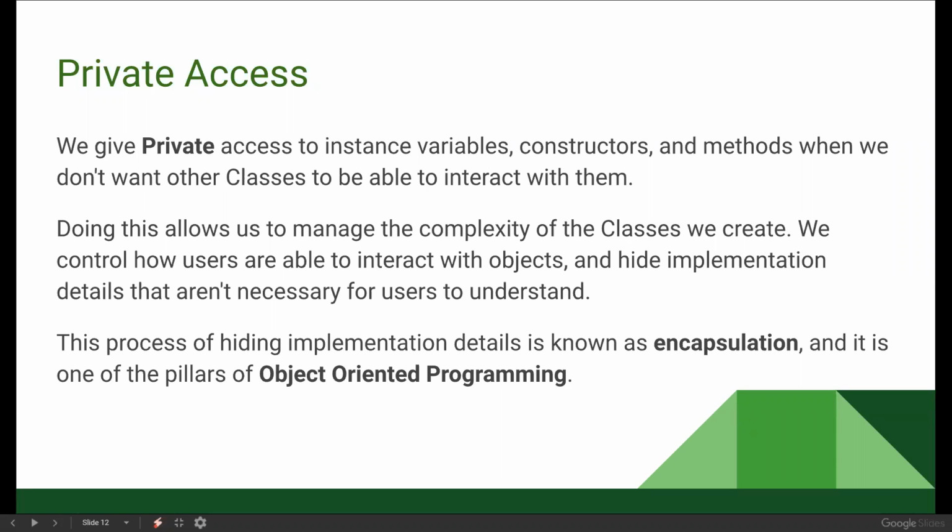They don't need to know all of the nitty-gritty of how the class works. They just need to know what goes into it. And this process of hiding implementation details is called encapsulation. It's one of the pillars of object-oriented programming, which Java is built around.